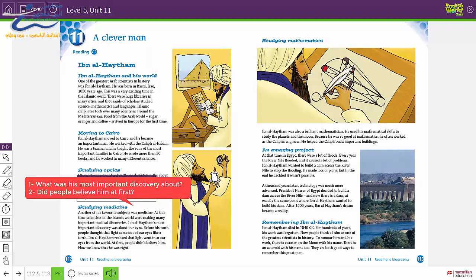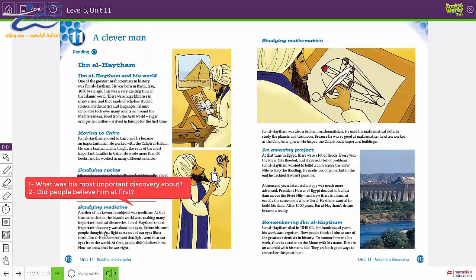Studying medicine. Another of his favorite subjects was medicine. At this time, scientists in the Islamic world were making many important medical discoveries. Ibn al-Haytham's most important discovery was about our eyes.